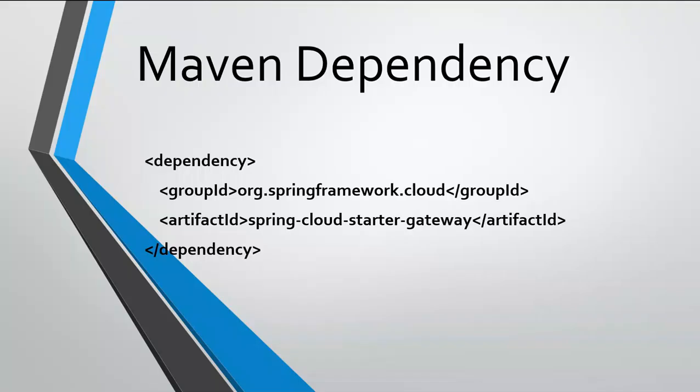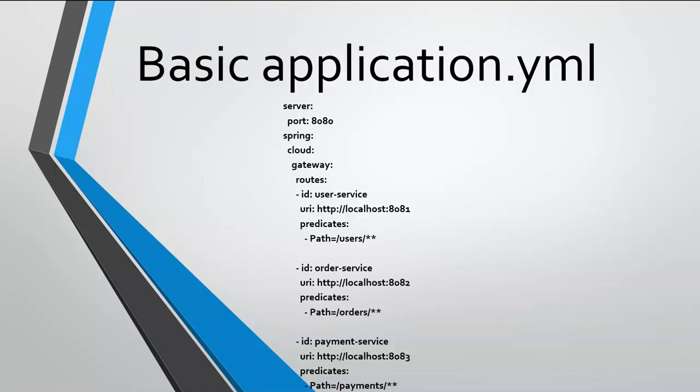So for this, what Maven dependencies will be there? We have to add Spring Cloud and Spring Cloud Starter Gateway if we are using Spring Cloud Gateway. Okay, this is the Maven dependency, and the YAML file will be like this. We have to mention all these things.